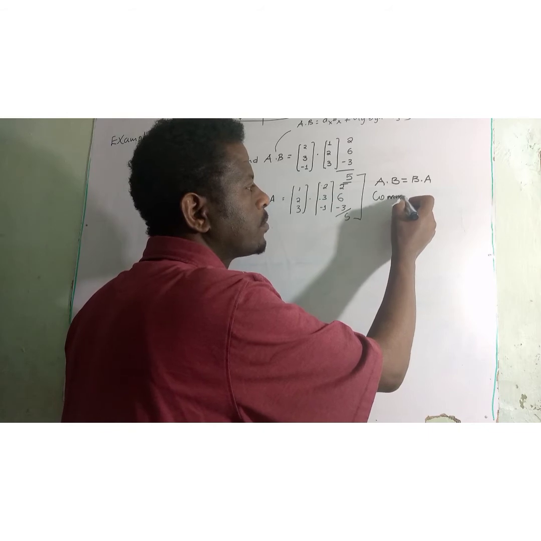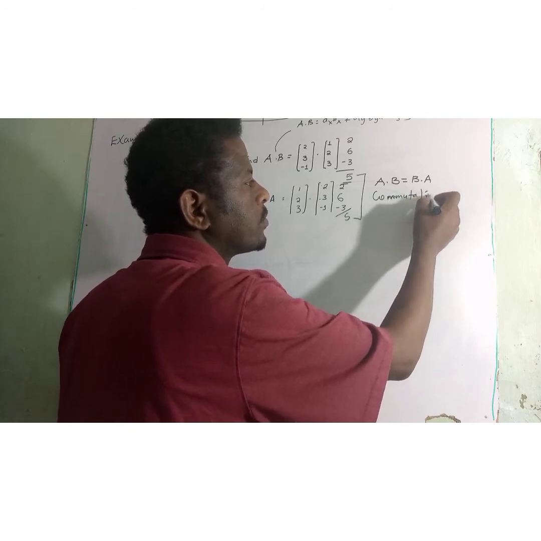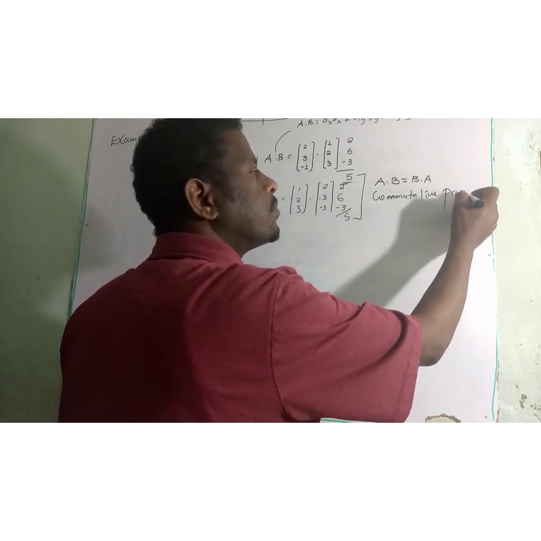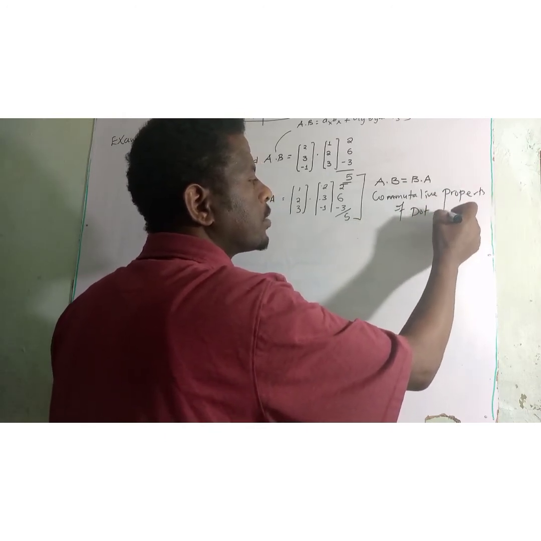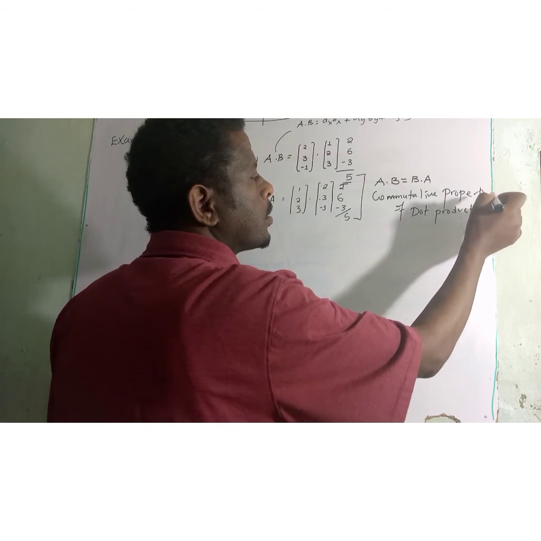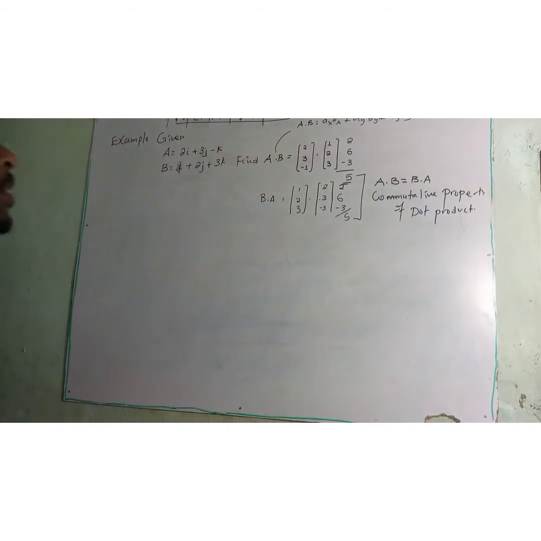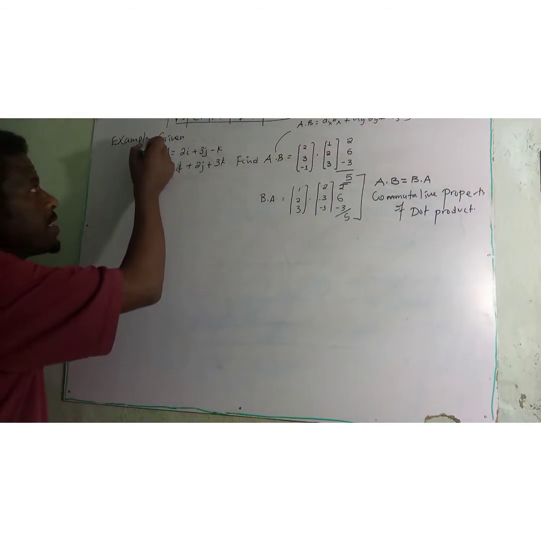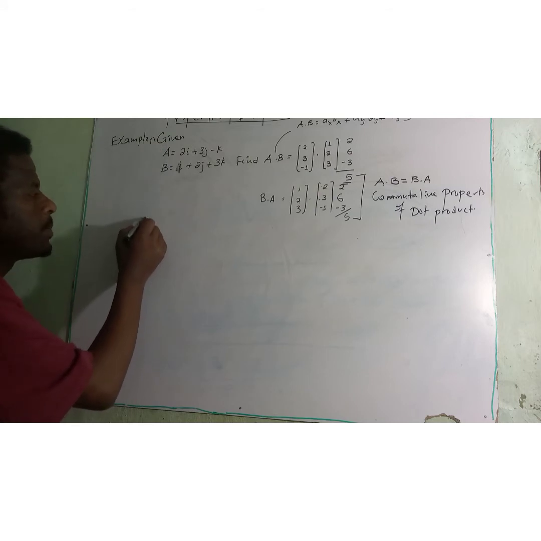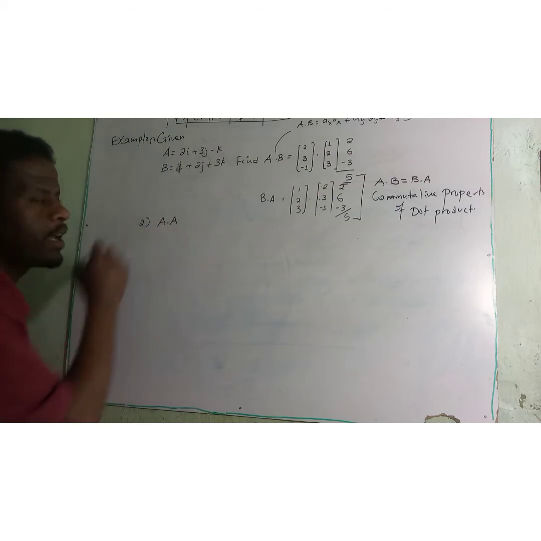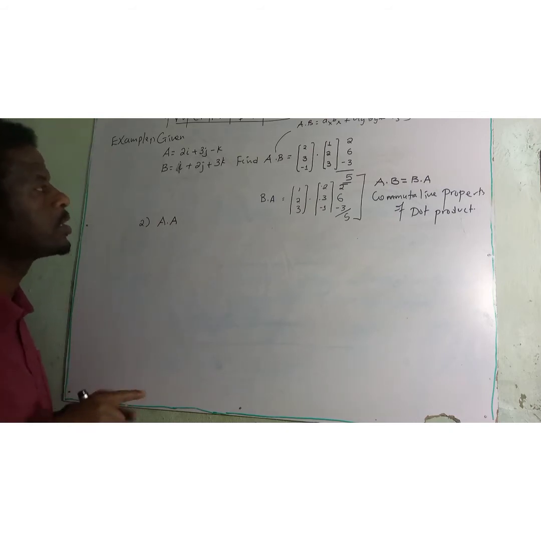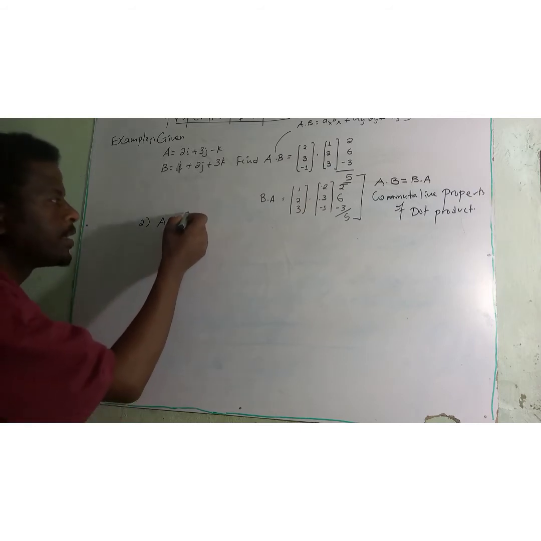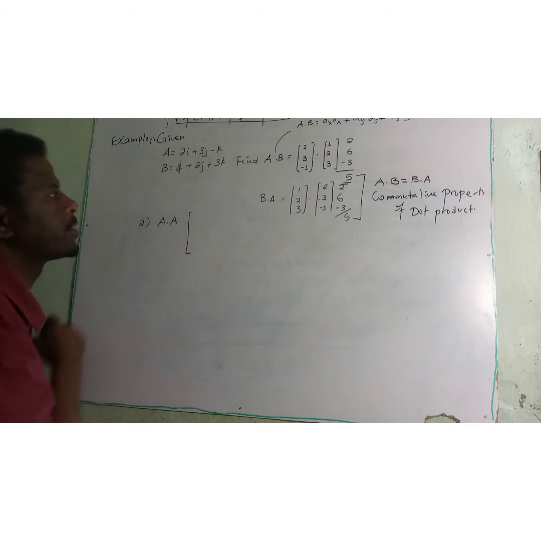Again, the first example. Second example, if we take A dot A, when a vector is dotted with itself, then what do we have?